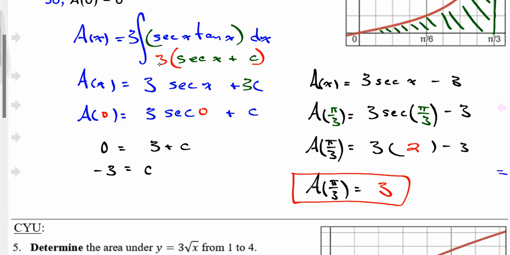So 3 times a number is still just a number. So we ignore any number that would be multiplied to it because it's still just a number. It doesn't matter. That's just part of the mystery of what C is. It's just a constant anyhow. So we won't bother putting that 3 in there.